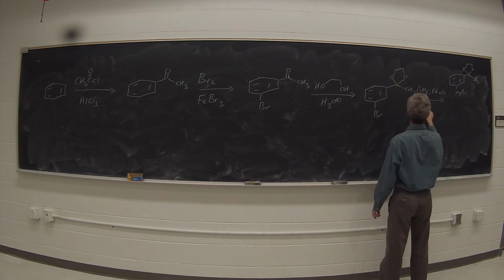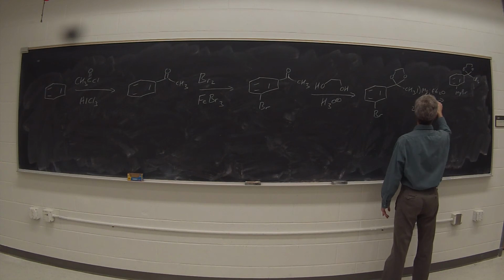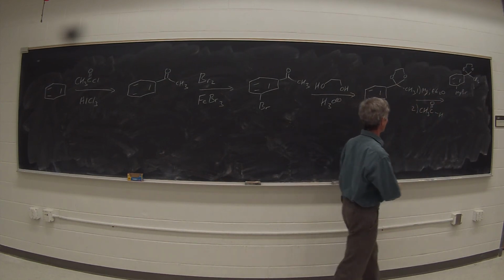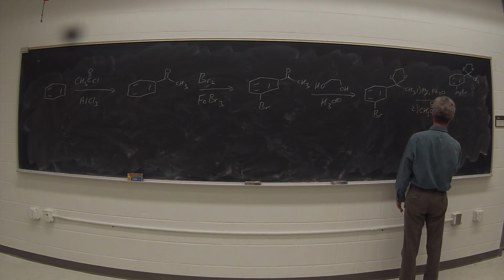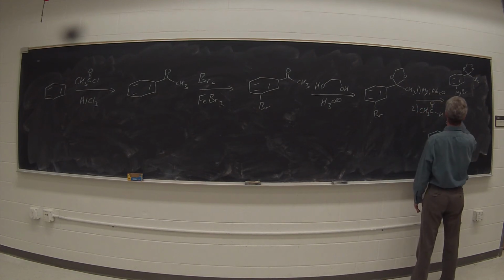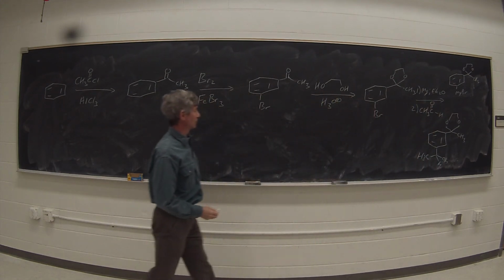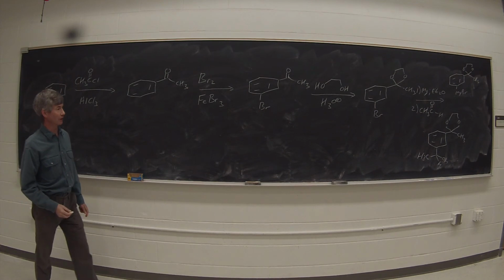And then in step 2, we can add acetaldehyde, and the Grignard reagent can attack acetaldehyde to generate a secondary alcohol that we proposed to oxidize up using active manganese dioxide.